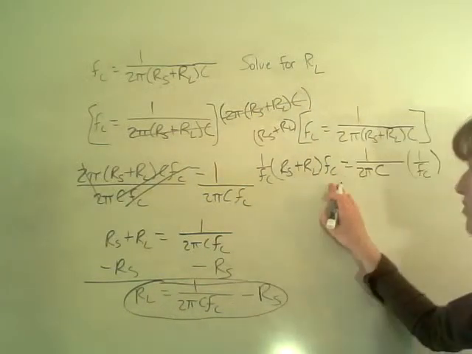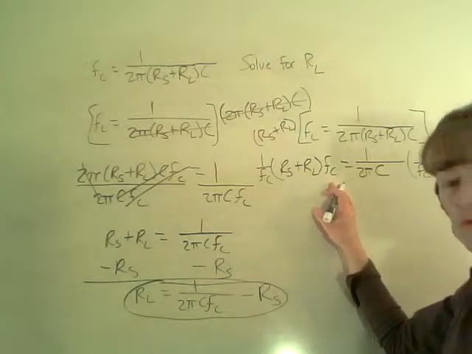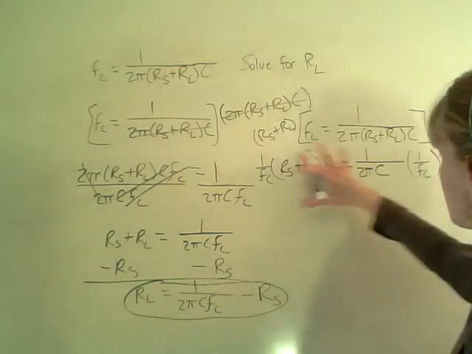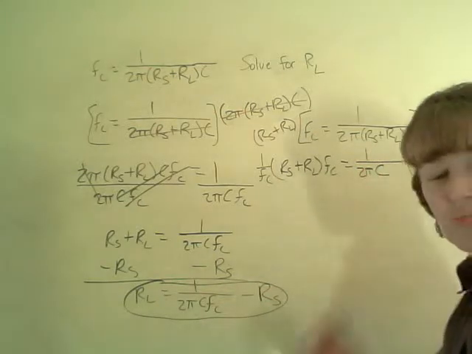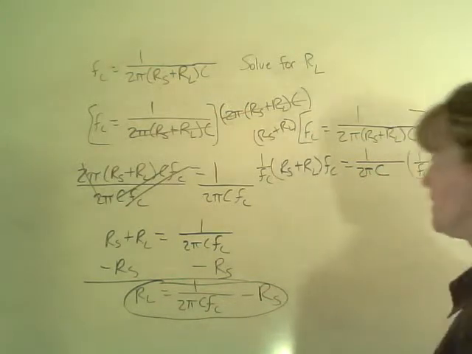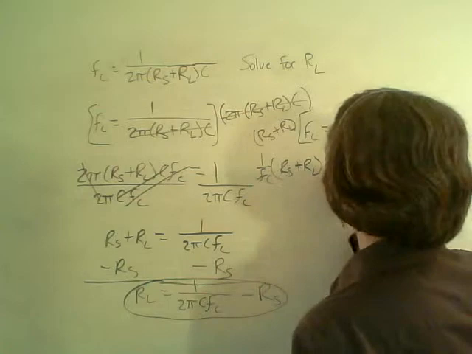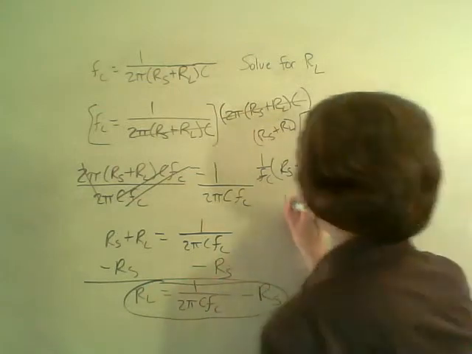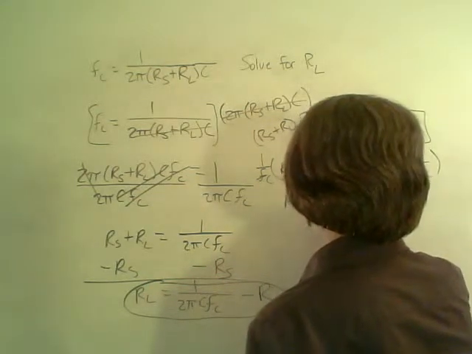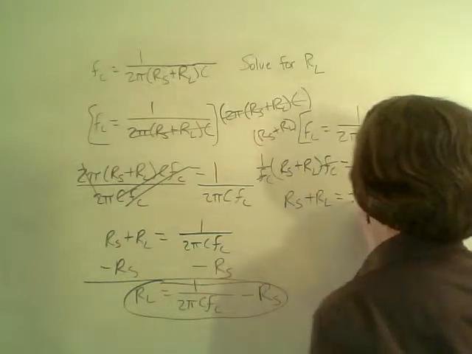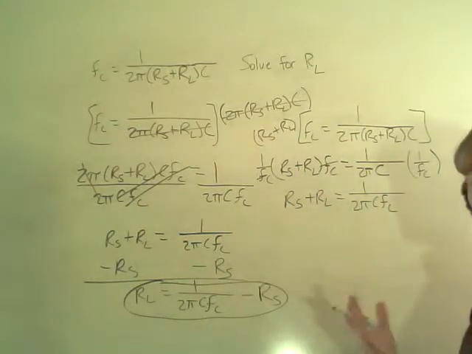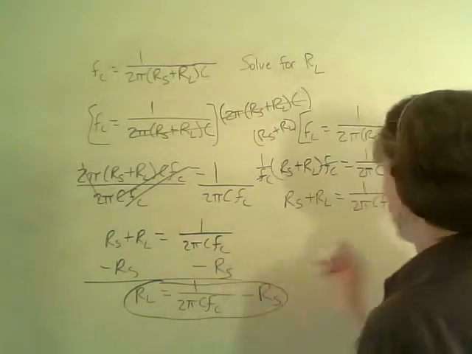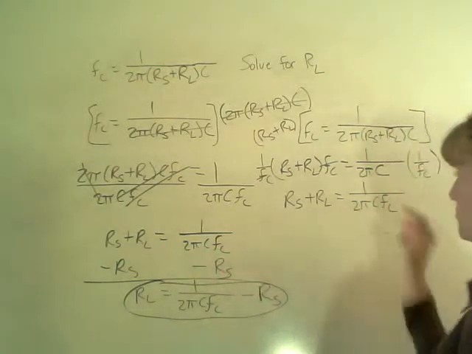Now, normally I would divide by FC, but remember that anytime you have fractions in your equation and you want to divide, multiply by the reciprocal instead. It gives you a much nicer looking answer. So I have RS plus RL equals 1 over 2 pi C FC. Now, I'm just about where I was right here. In fact, I'm exactly where I was right there.